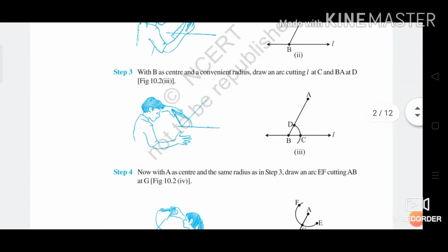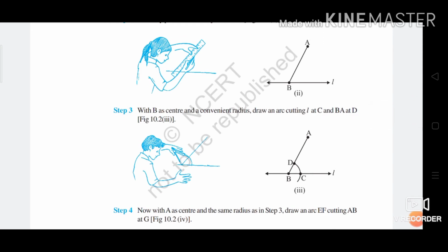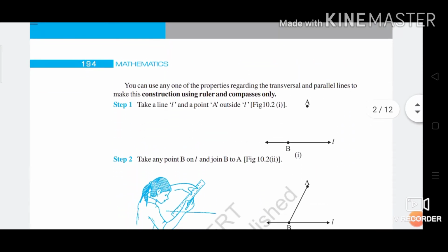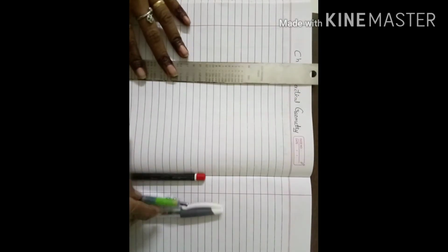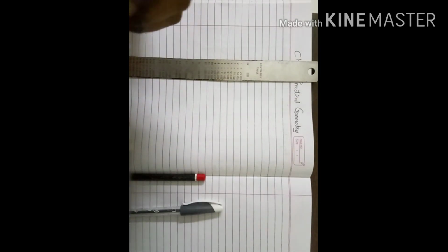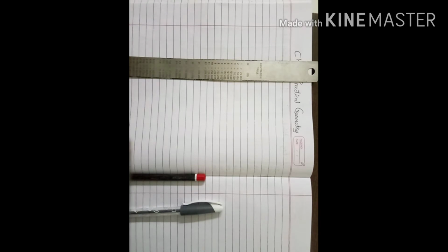This is all about the steps. Now with the help of these steps, we draw the construction. So welcome back, students. Now we will do the construction. Your first step is to take a line L and a point A outside L. To draw the construction you require a compass and a scale.